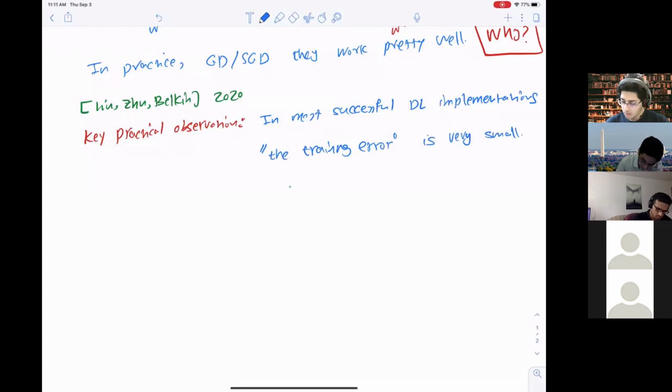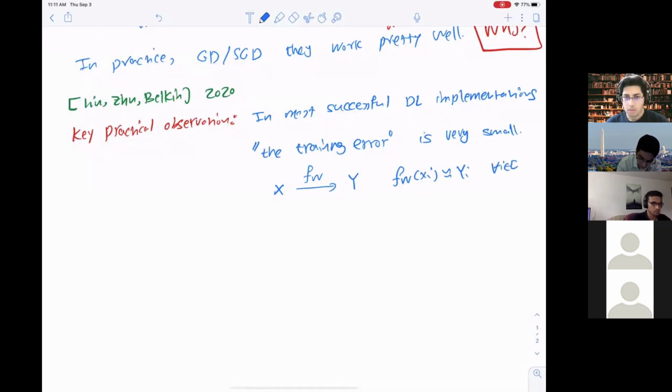So remember, in our training, our goal is to find a function f_w mapping x to y's, right? And if my function is able to approximate well each y in my training sample, I'll have a very small training error. In terms of generalization, we'll talk about it in the next lectures, but just focusing on the training error, we can almost get a zero training error in general.